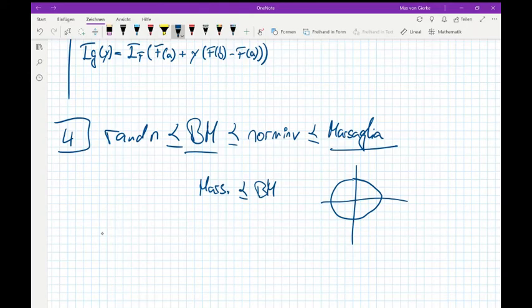So if you make a really fancy generation of this random variable, then in fact Marsaglia is faster. But if you just quickly implement it, then Box-Muller is faster, because this is quite time consuming by itself.